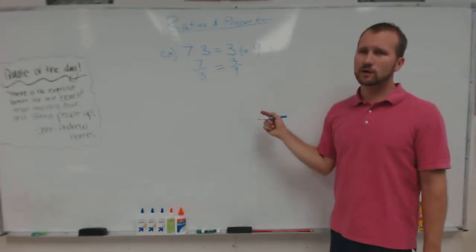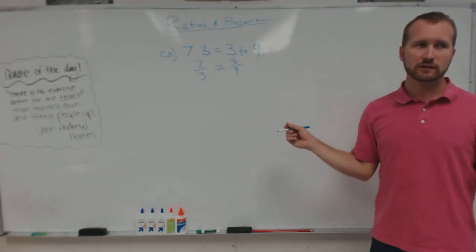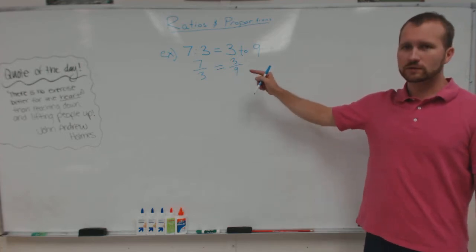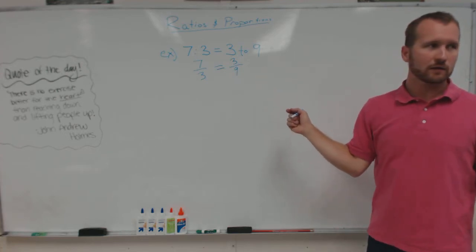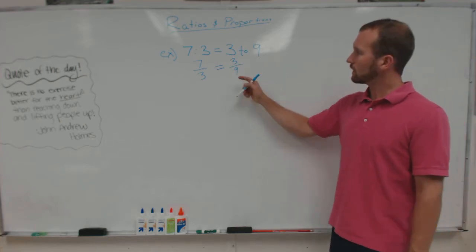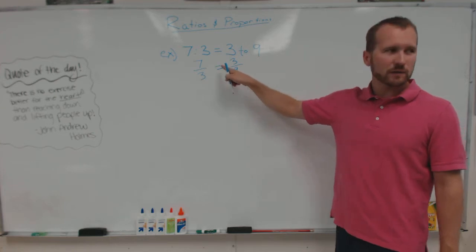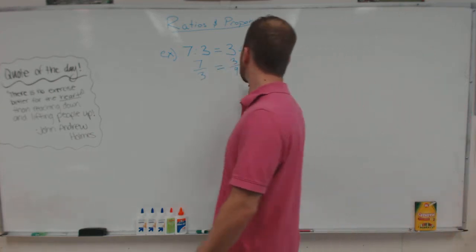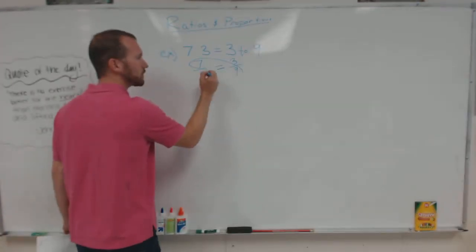Now let's cross multiply to check this one. We could reduce this, but we're not gonna. We're just gonna cross multiply. What do we have, Andrea? 7 times 9, right? So remember, we're cross multiplying.